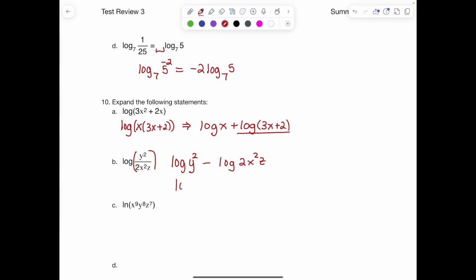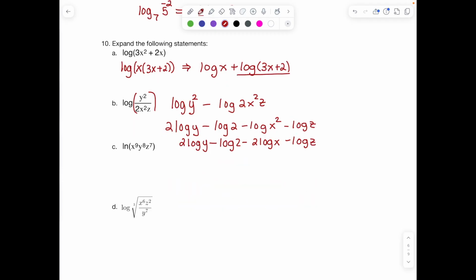So now I have 2 log y minus the whole thing, or we could just say log 2 minus log x squared minus log z, and then my final step is 2 log y minus log 2 minus 2 log x minus log z.